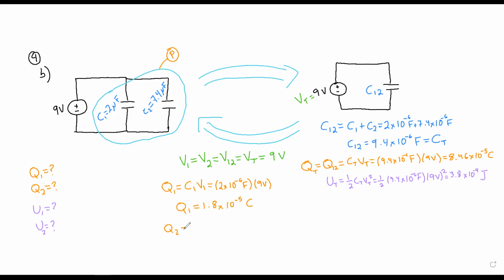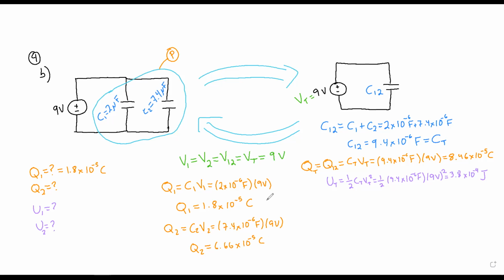And then Q2 is C2 V2, 7.4 times 10 to the minus 6 farads times 9 volts. Please calculate Q2. 6.66 times 10 to the minus 5 coulombs.